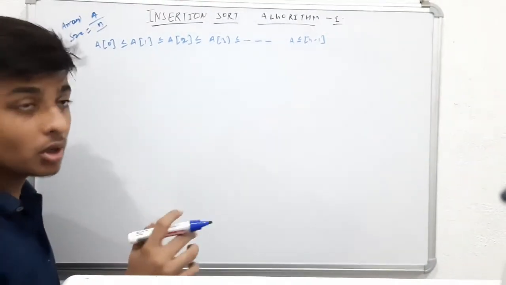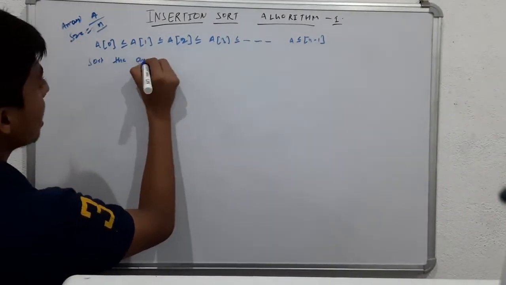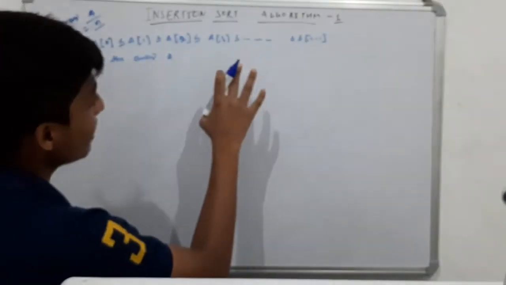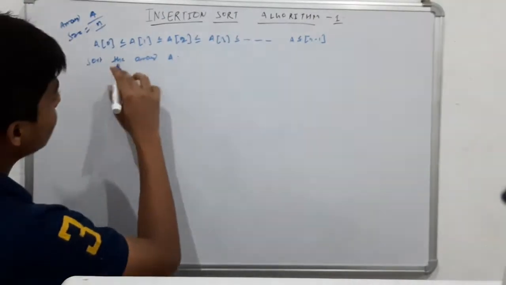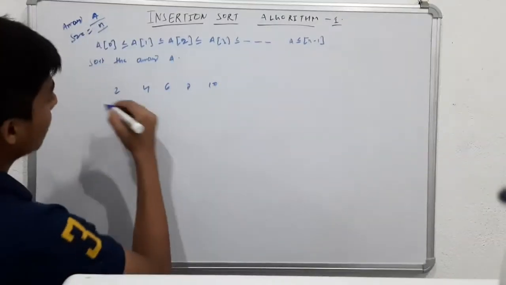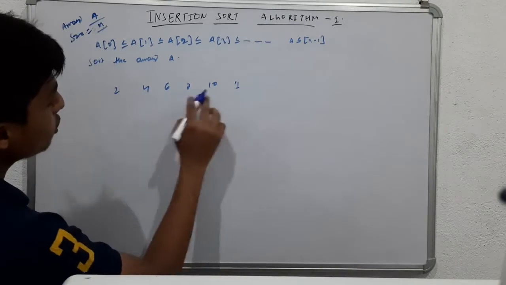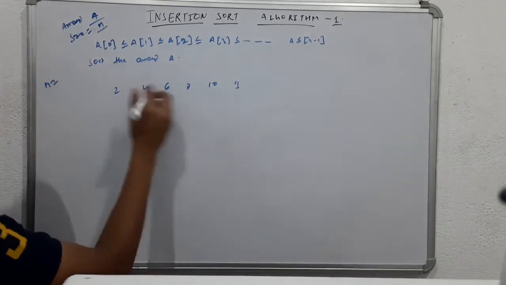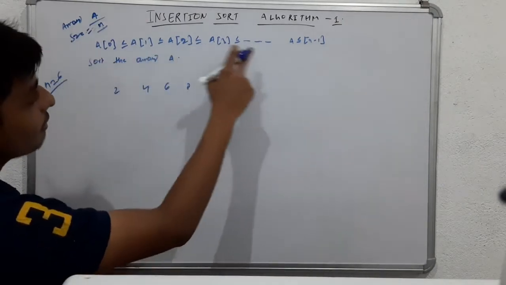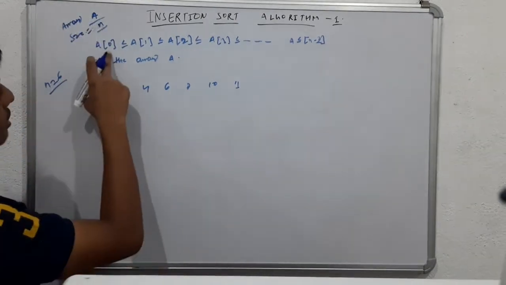Now your task is to sort the whole array A. Let's take an example to understand this problem completely. Let's say you have an array like 2, 4, 6, 8, 10, and at last you have 1. The size is 6 elements, so according to this condition it should be n minus 2, because it's 0 based indexing.